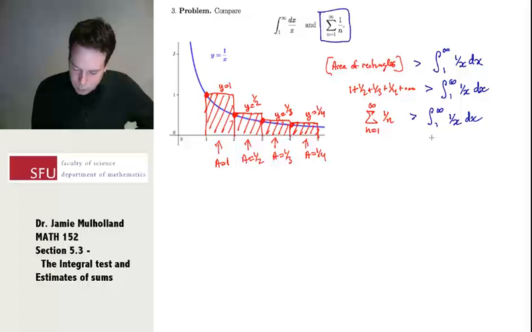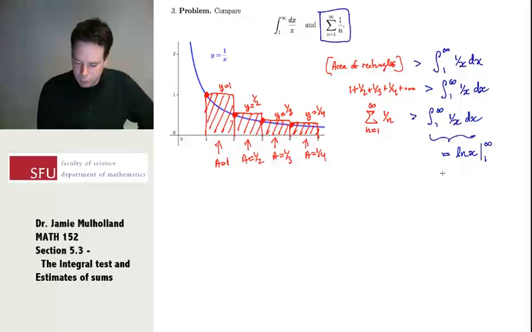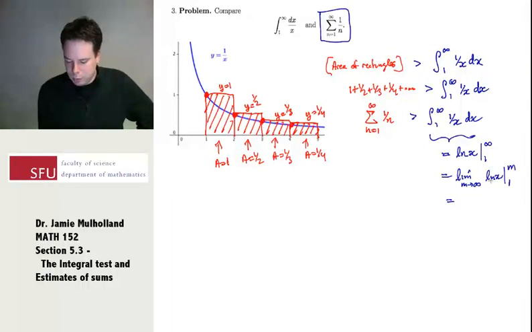Well, this is something we can work out. The antiderivative of 1 over x is ln of x. We're evaluating from 1 to infinity, so we should really use a limit here. Limit as m goes to infinity of ln of x from 1 to m. And so as m goes to infinity, ln of m goes to infinity, so this diverges.